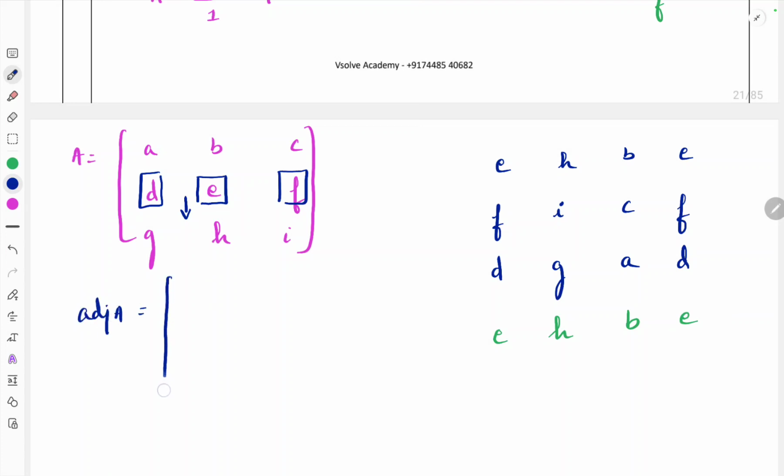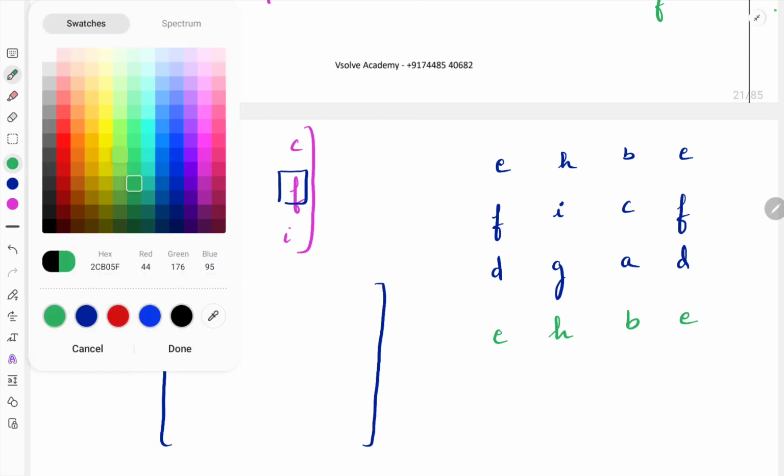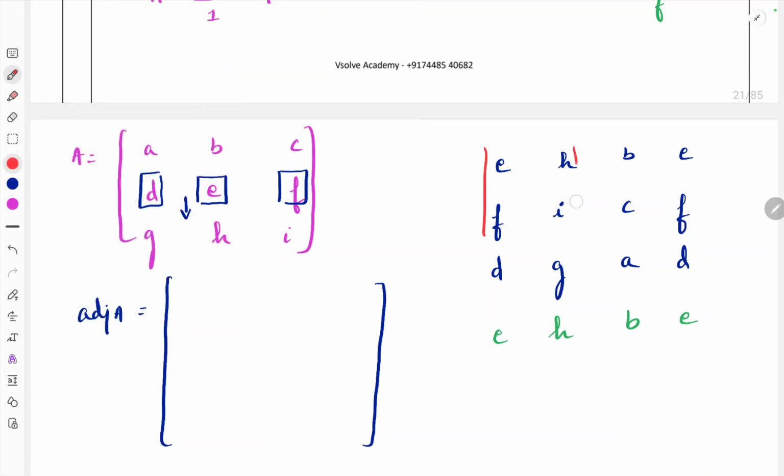So adjoint of A is nothing but, first we have to take the determinant of this. This we have to write here: E, H, F, I. Next we have to include this H, I again. So this determinant we have to write here: H, B, I, C. Next we have to include this B, C. So this determinant we have to write here.